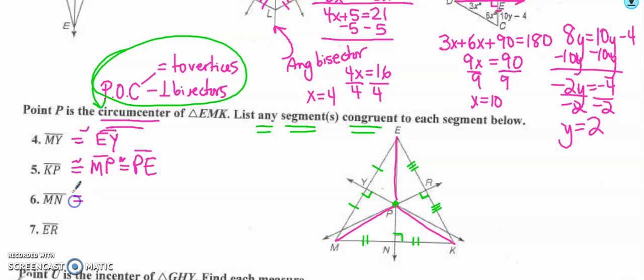MN is congruent to NK. And ER is congruent to RK. Now you know all that because you know what a circumcenter is. So make sure you know these little tricks to what a circumcenter is.